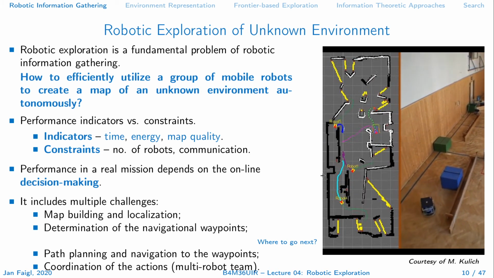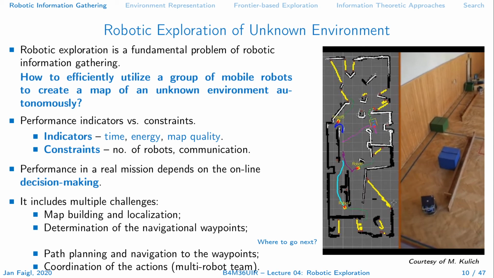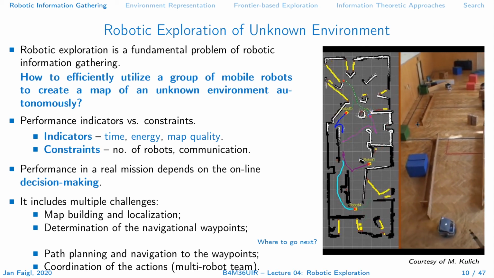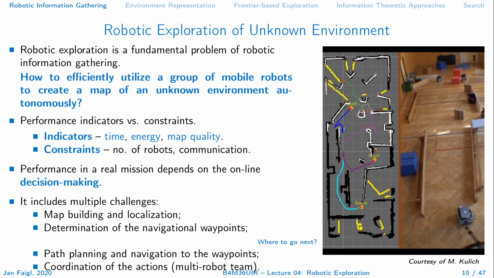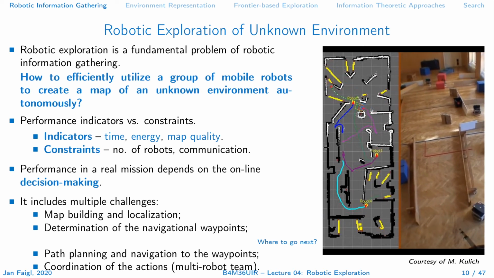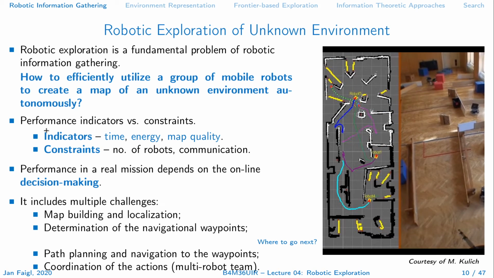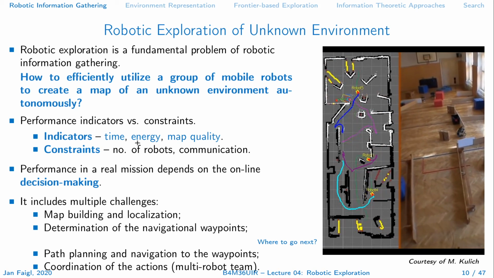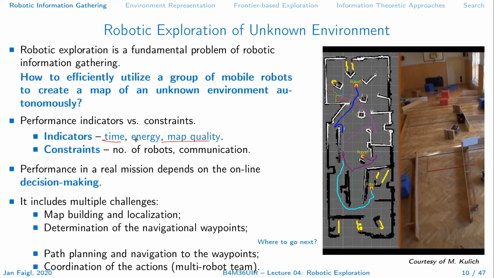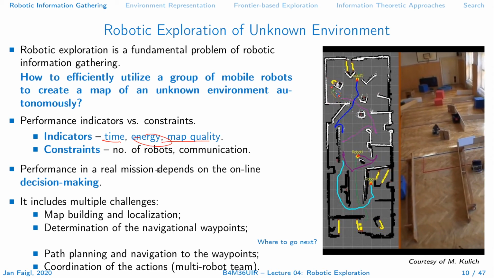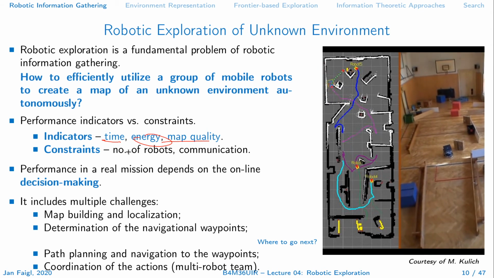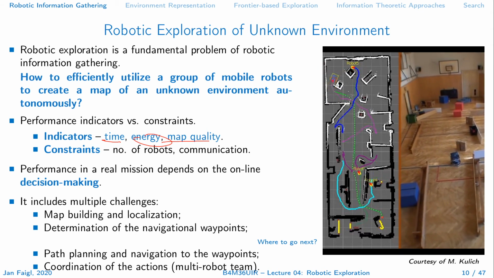As you can see here, the robots are operating fully autonomously to create a map of this artificial environment in a gym at Charles Square campus. The performance indicators can be the time to create the map, the map quality, and also the energy spent, and we also have constraints. We can have a constraint on the number of robots available or on the communication.